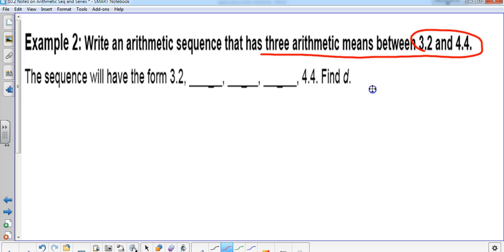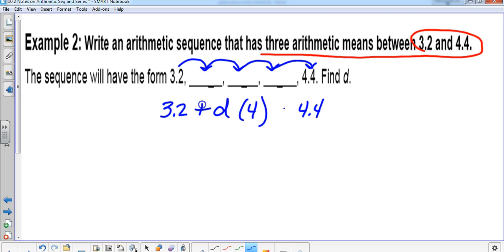That basically means it's an arithmetic sequence with 3 missing terms. The struggle is to find the right number of differences, guys. I just write out the blanks and then I go, okay, they added the difference once, twice, 3 times, 4 times, right? 3 arithmetic means to get from 3.2 to 4.4, they added the difference 4 times.